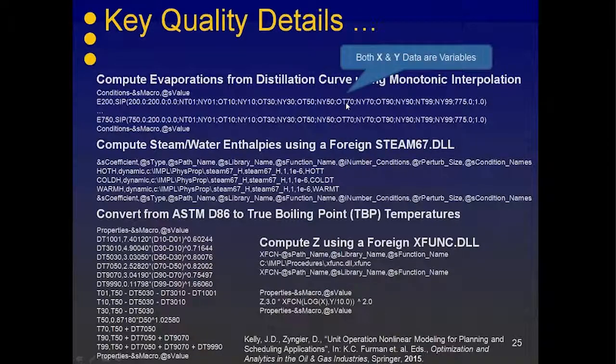So we have certain techniques inside of IMPL to make sure that when you do linear interpolation or spline interpolation, for example, your X values must be in ascending order. So we have a certain technique that can manage that by ranking the different variables.